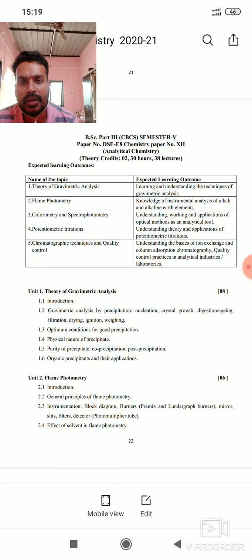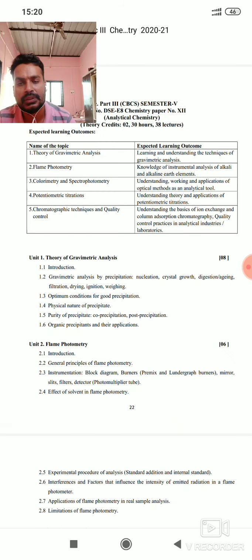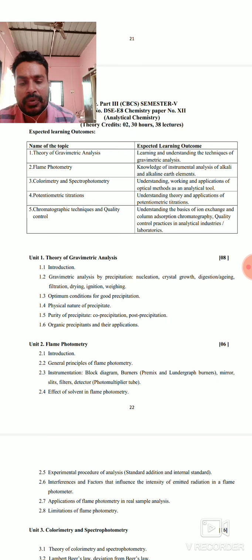You should have clear basic concepts, unless and until you cannot work there. So this paper, titled Analytical Chemistry, is very important for students who are willing to work in future in a pharma industry, or who are looking for a job in a pharma industry after completion of their graduation as well as post graduation.